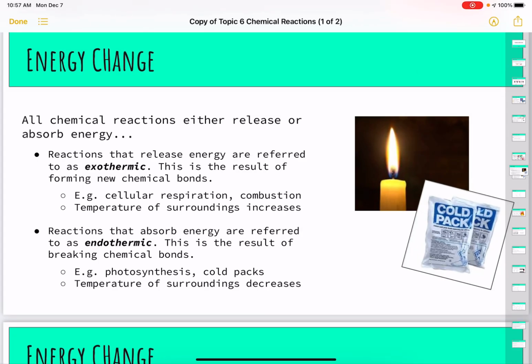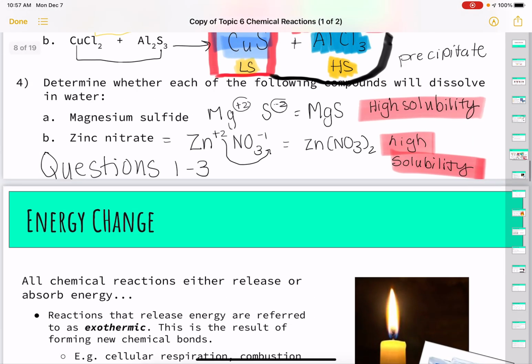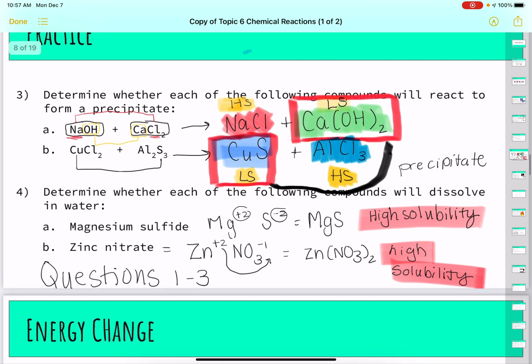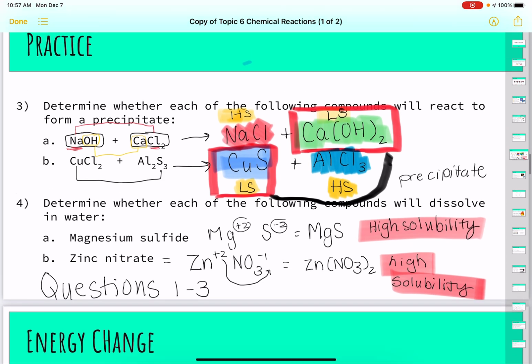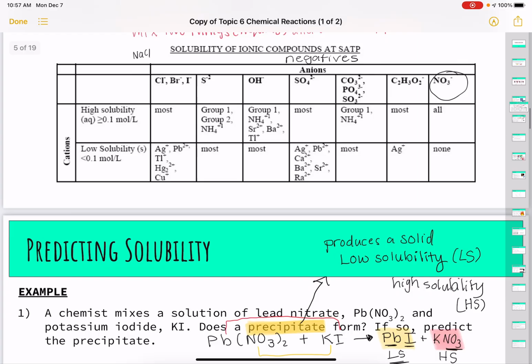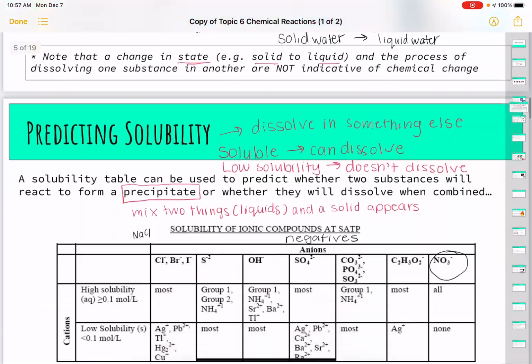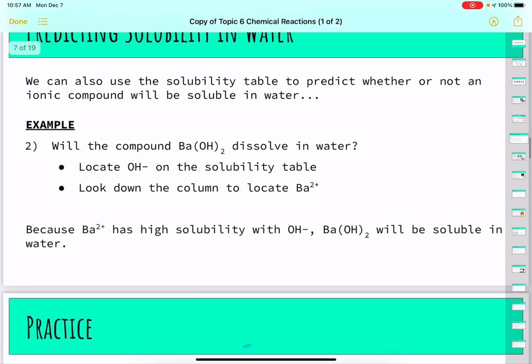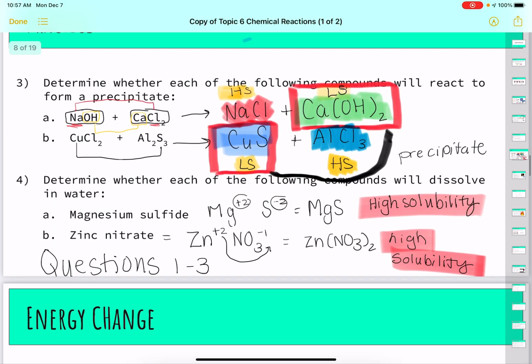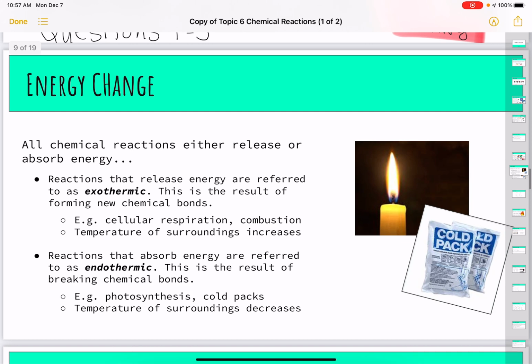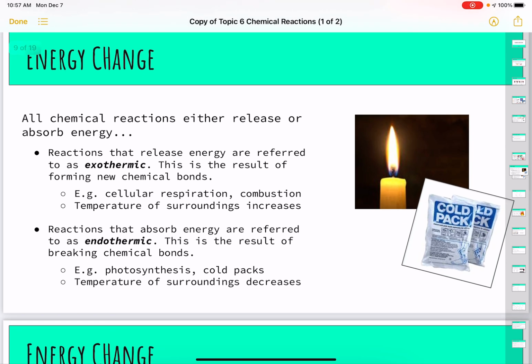All right, continuing on topic 6, part 2, I guess is what this is. We're going to look at energy change. So it says all chemical reactions. What we talked about before is we discussed what a precipitate is and solubility, and then a little bit about chemical reactions from one side to the other, left side being the reactants and right side being the products.